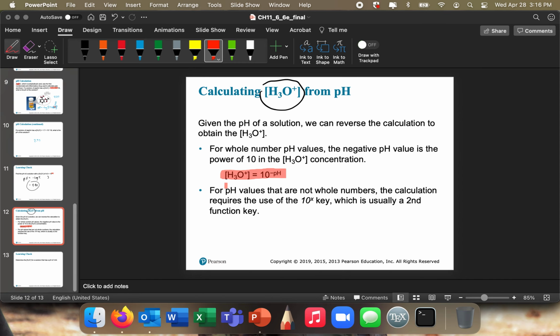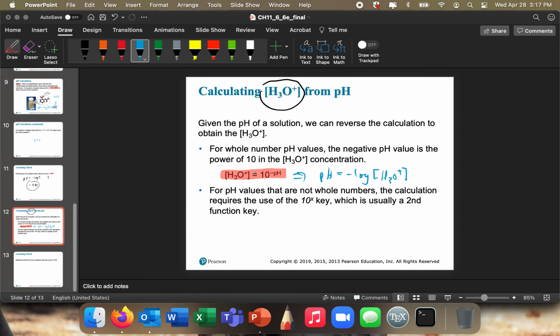So this is the same thing, but backwards. This is implied from pH is equal to the minus log of the hydronium ion concentration. That's how logarithms work. These two are the same function, but written backwards.